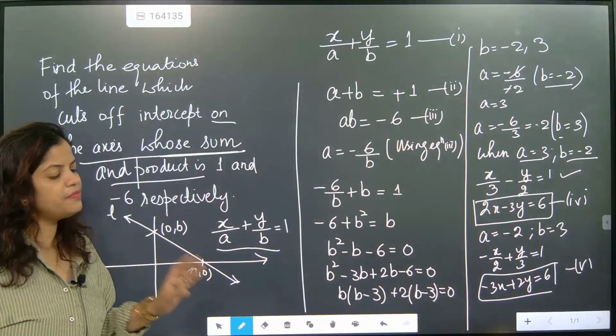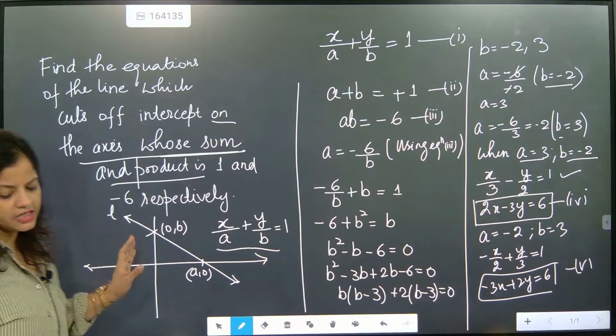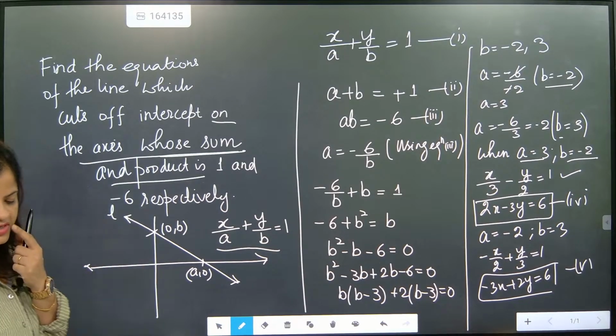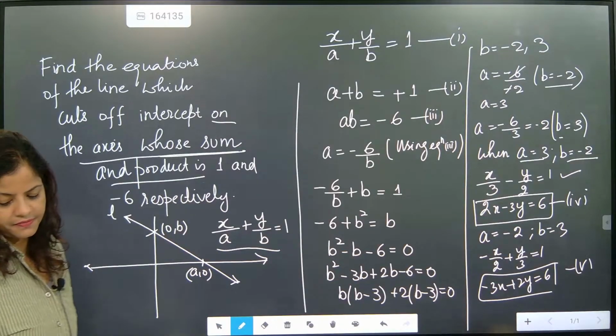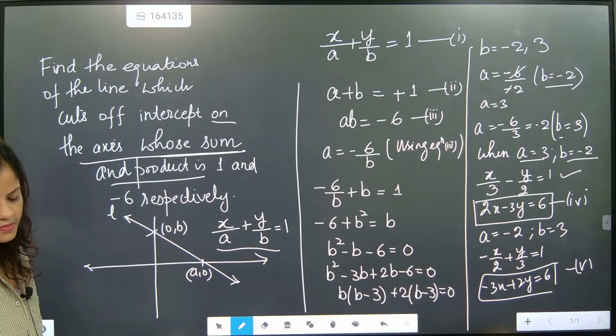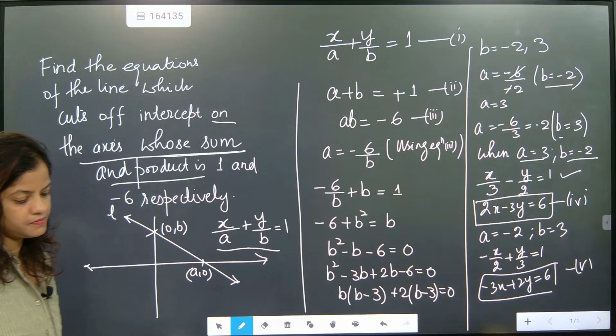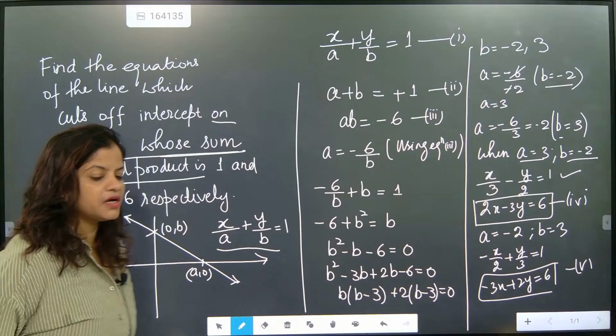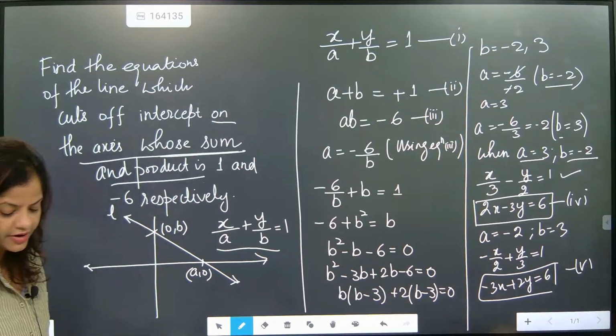So this is exactly based on what? This is based on the intercept question. So when intercept questions are given, you can solve the question like this. Yes, your answer is absolutely correct. Yes, your answer is correct. So only I read your answers.